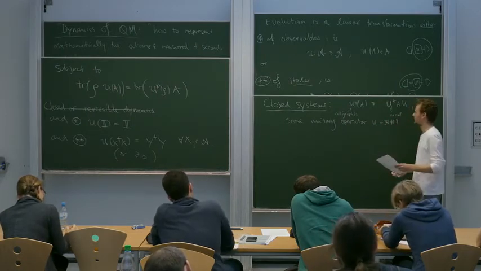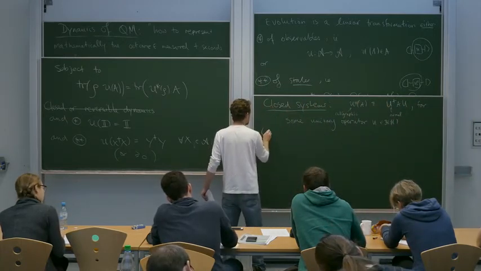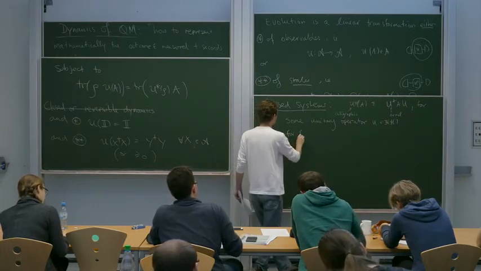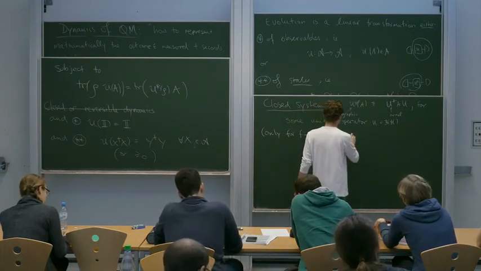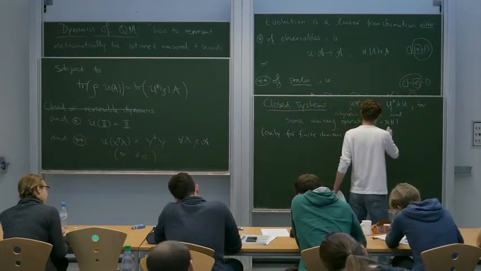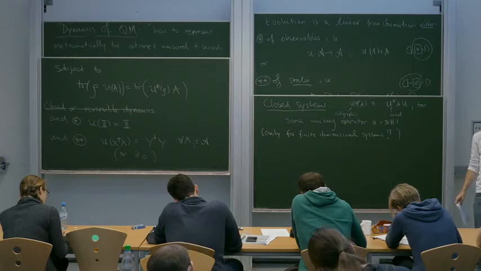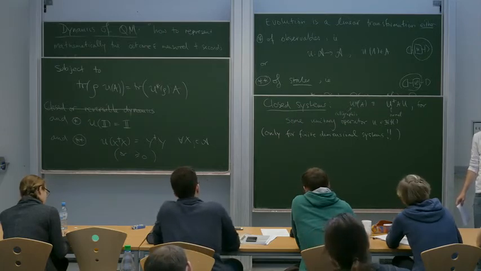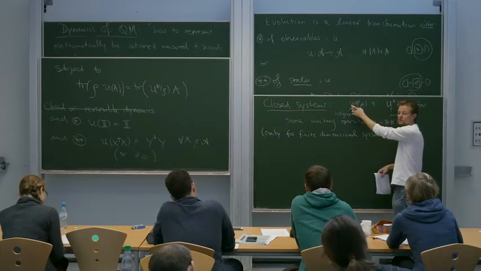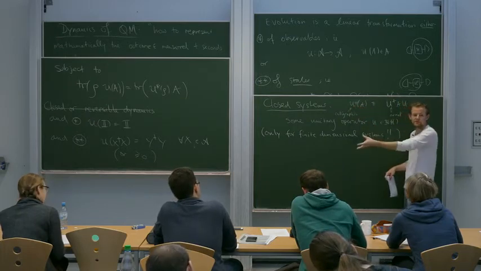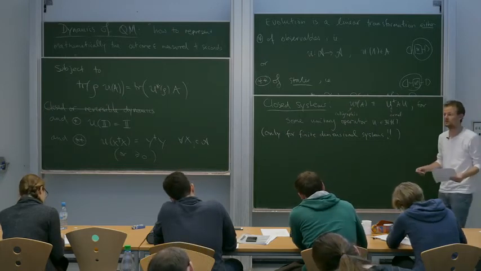Oops. And actually, I told you a lie. This is only true for finite dimensional systems. It's a kind of fascinating fact that if you have an infinite dimensional system, there exist operations which ought to be reversible, but which you cannot represent as a unitary on a Hilbert space like this.